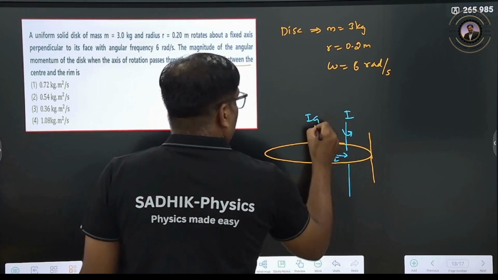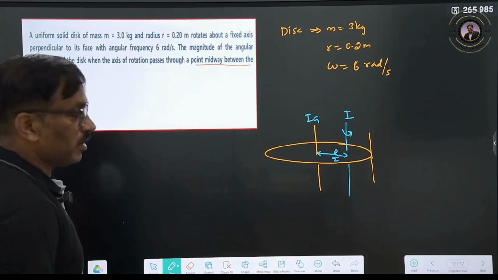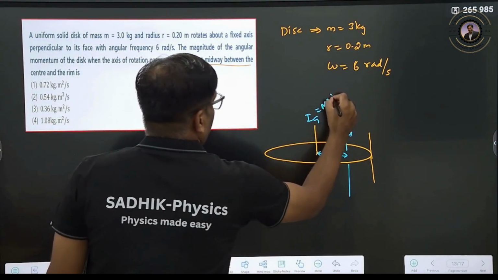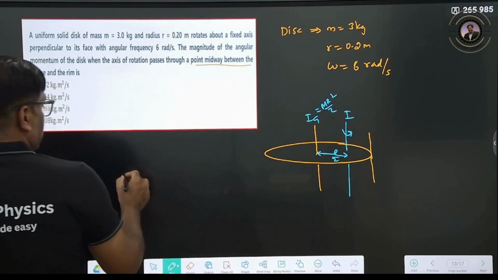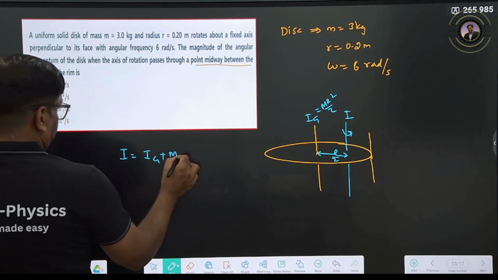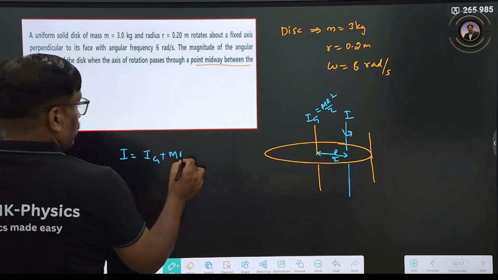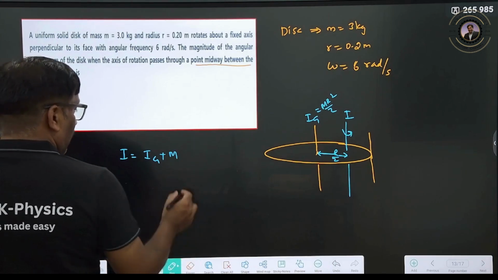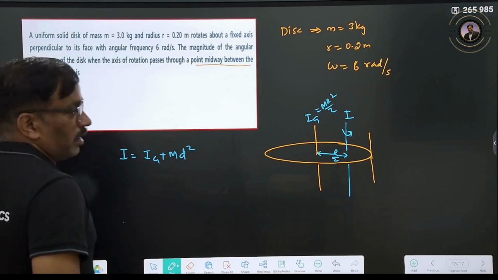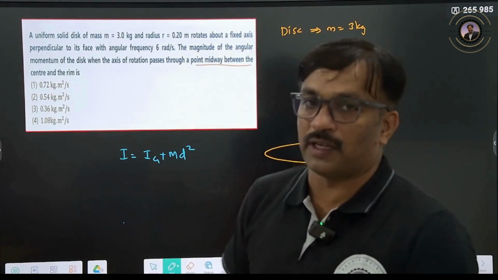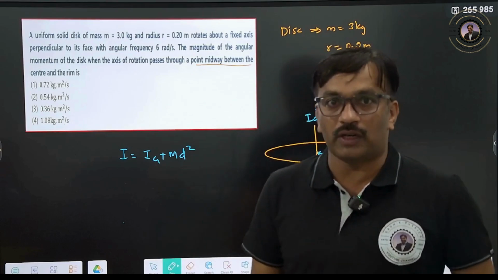So here we have to calculate the moment of inertia. Ig for a disc is mr square by 2. Therefore, by the parallel axis theorem, we can rewrite it as I is equal to Ig plus m d square. I already did this parallel axis theorem in part 2 of system of particles, moment of inertia. If you did not go through it, please go through that.